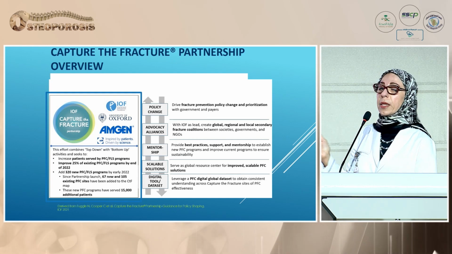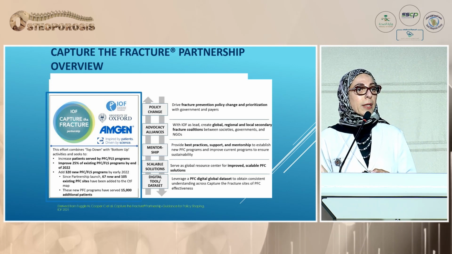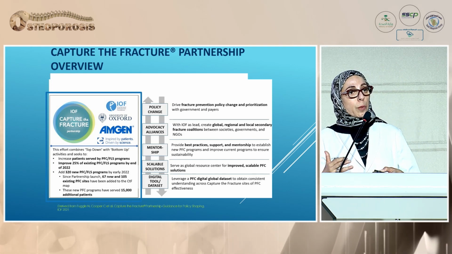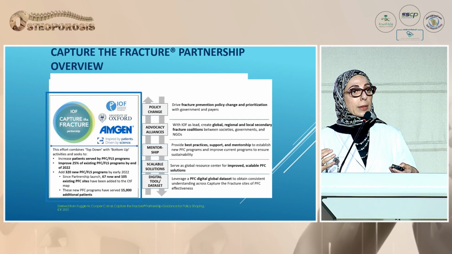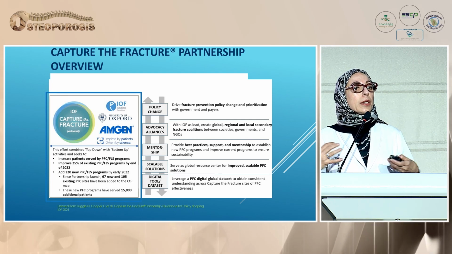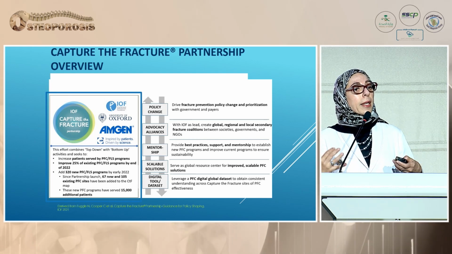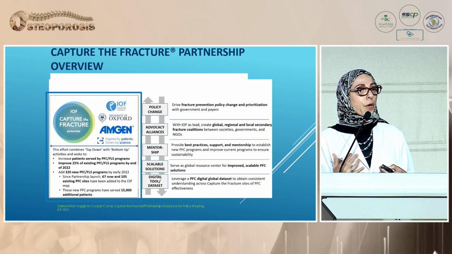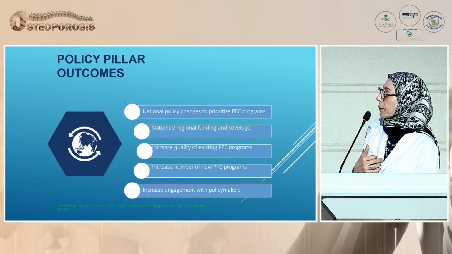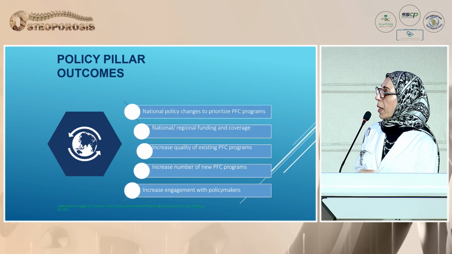The most important thing is you want to create more FLSs, you want to capture more patients, and you want to address this problem of fragility fractures on the rise and the care gap in the management of the fractures related to osteoporosis. So this is the main goal.